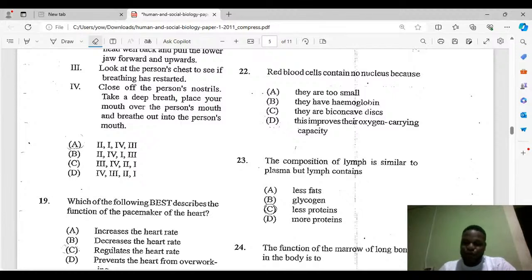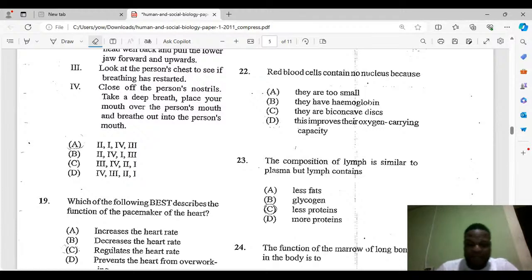So it includes your white blood cells. That's one of them. And there are a lot of lymph nodes, and they are in the armpit and those places. Lymphocytes are the cells that destroy bacteria and cancer cells.